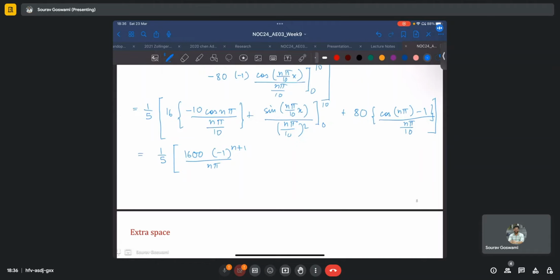This term sin n pi is 0, sin 0 is 0. So the second term will go to 0. And the third term will be 800. Cos n pi again is minus 1 power n. So minus 1 power n minus 1 by n pi.